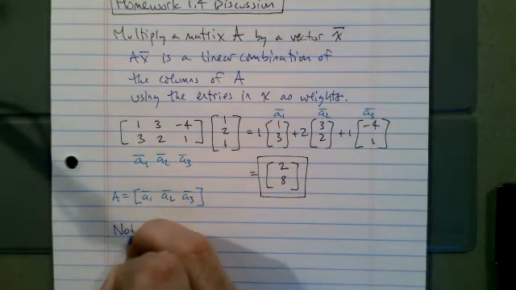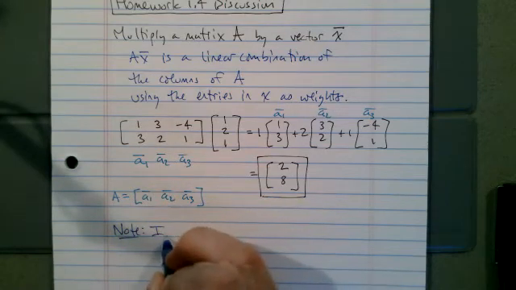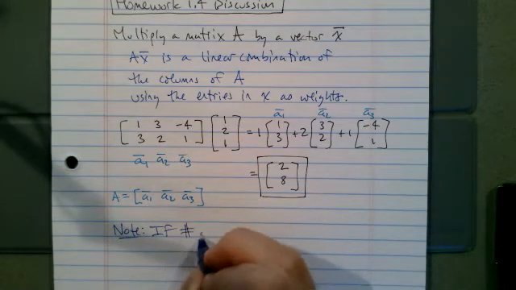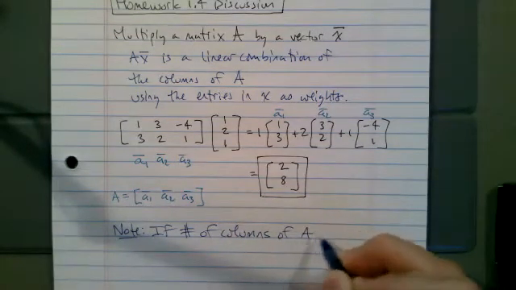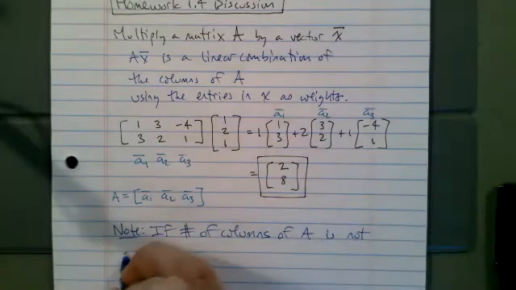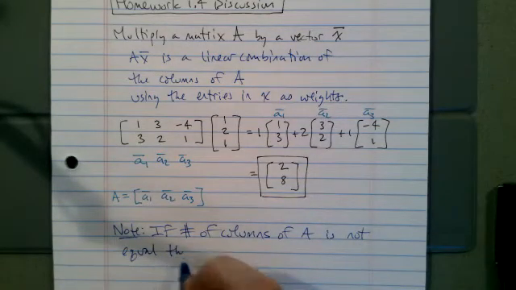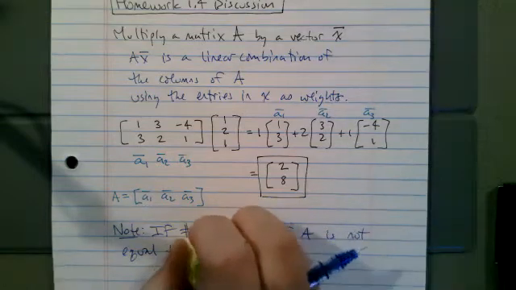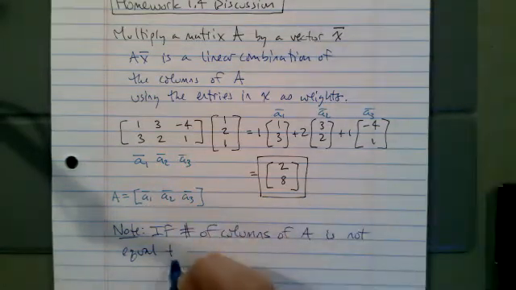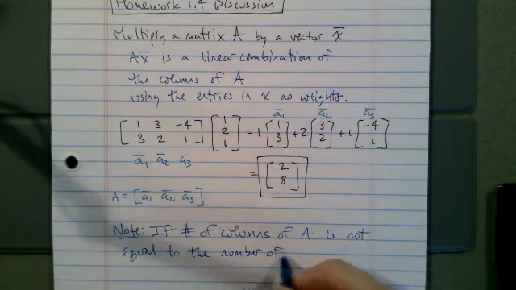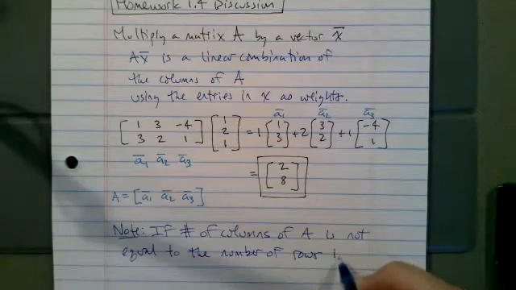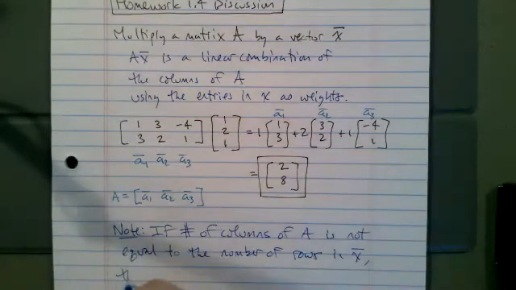So note, if the number of columns of A is not equal to the number of rows in X, then the product AX is not defined.